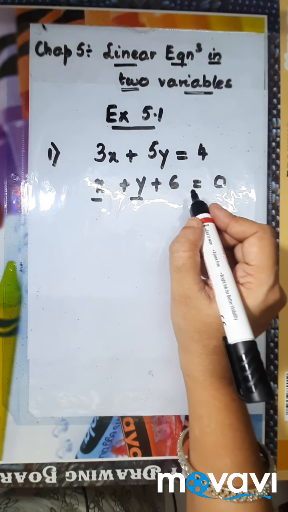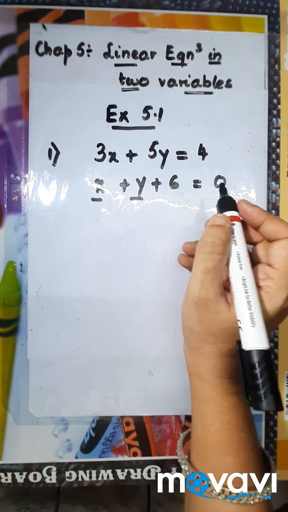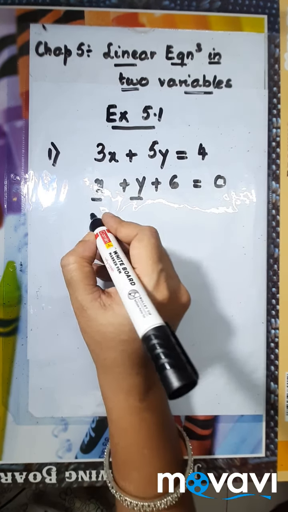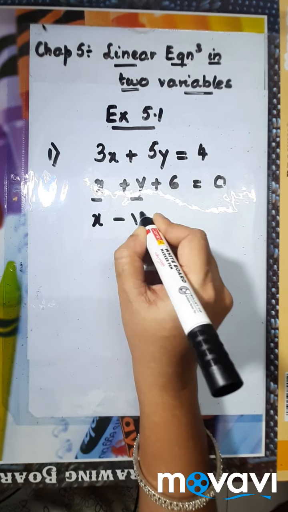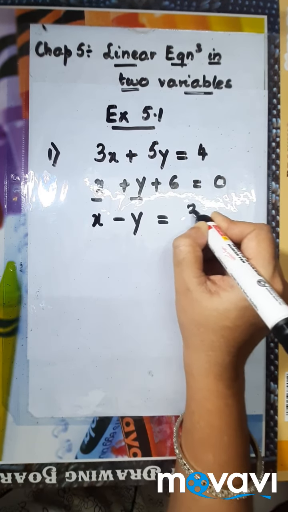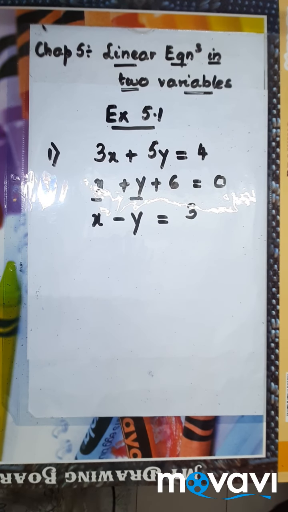That's all. Then we can write any other equation. What other equation do you want to write? x minus y is equal to 3. You can write x minus y minus 3 equal to 0 also, no problem. Or x minus y equal to minus 3.